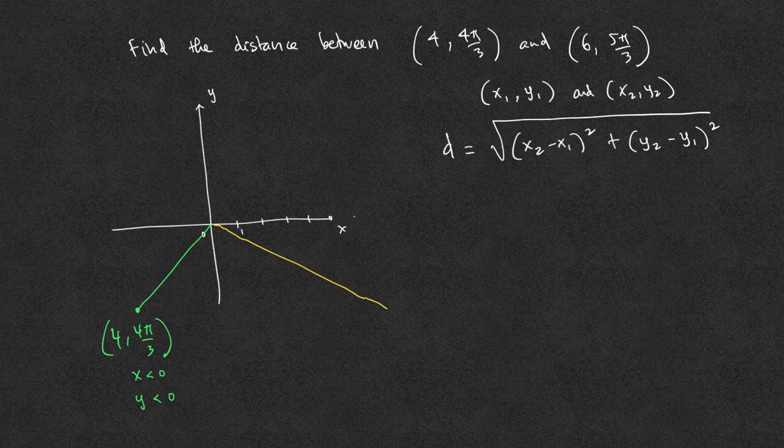This point has the coordinate (6, 5π/3). In the fourth quadrant, x should be positive and y is negative.